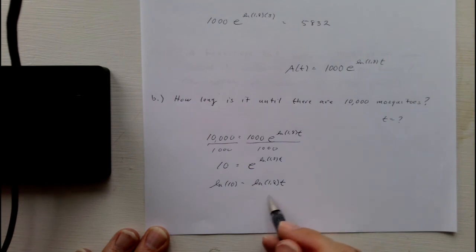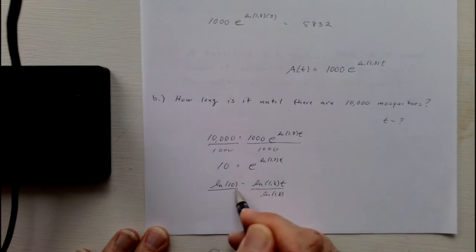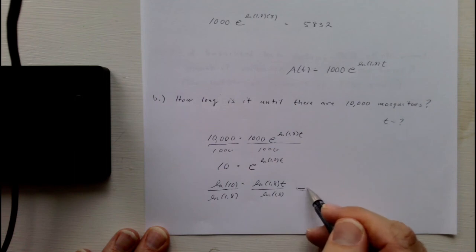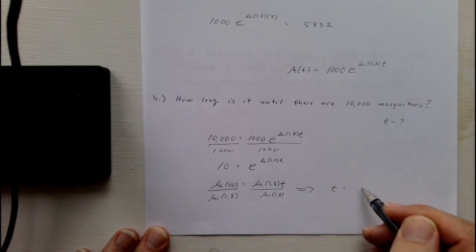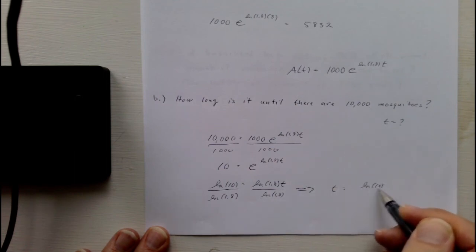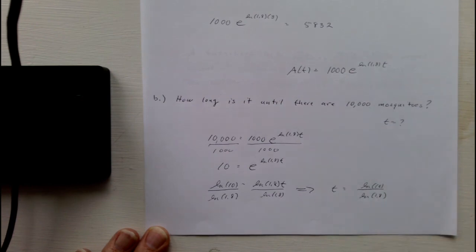And so divide both sides by log of 1.8. Okay, and we get that t is going to be the log of 10 divided by the log of 1.8, which is approximately 3.917 days.